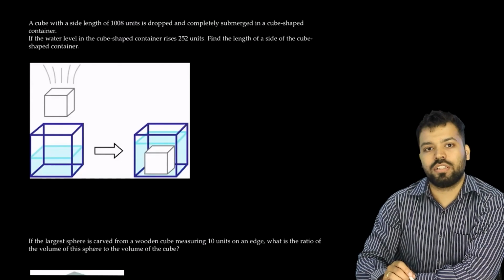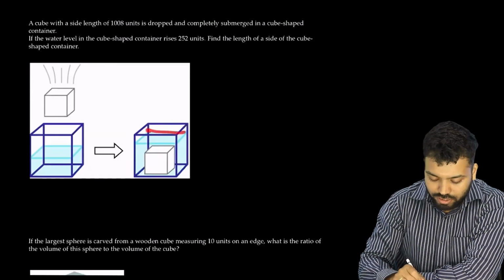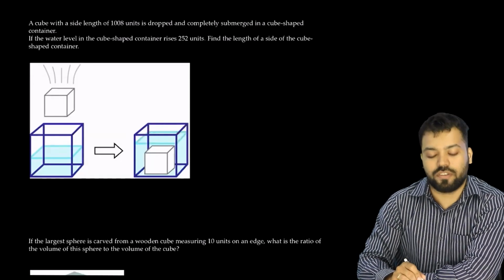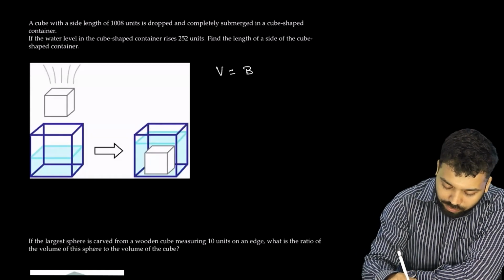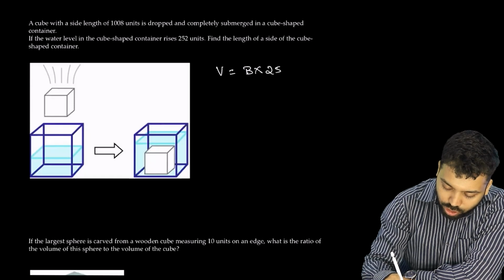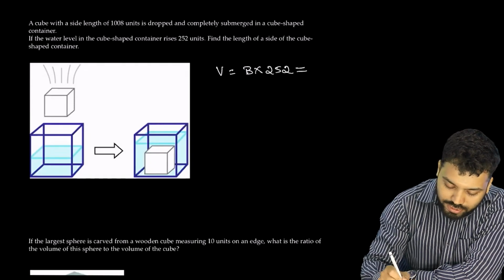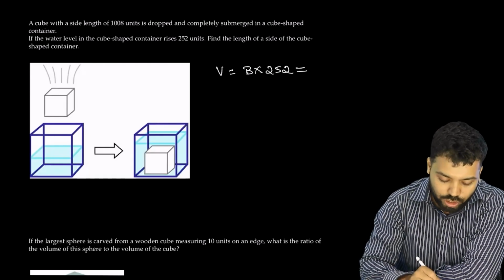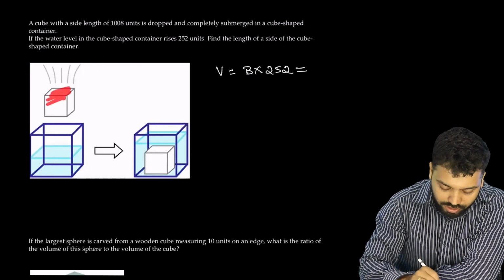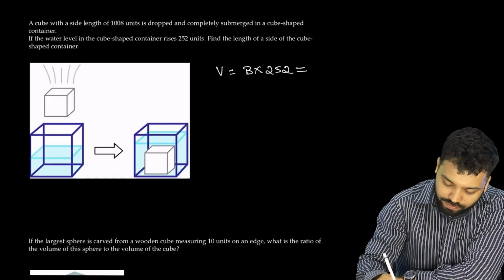All that I need to know is the base area of this square. So the volume displaced is base area into 252, which is the same as the volume of the cube we have dipped, which is nothing but 1008 cube.